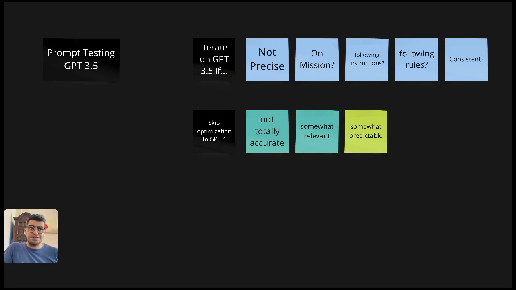I would skip optimizing a few things. If it's not totally accurate because the information is out of date or the model is not strong in this topic. And if you do a couple of tests, you'll notice you can still get the key knowledge nugget that you want to pass on to the user.